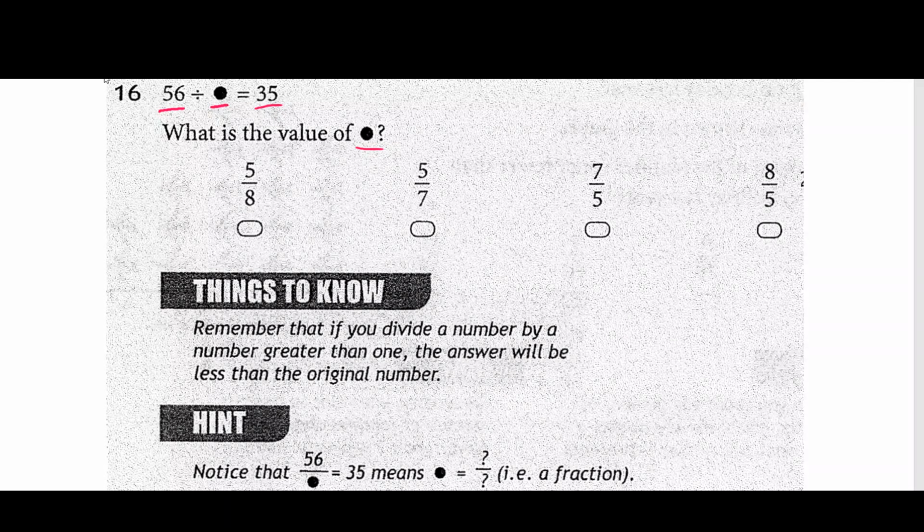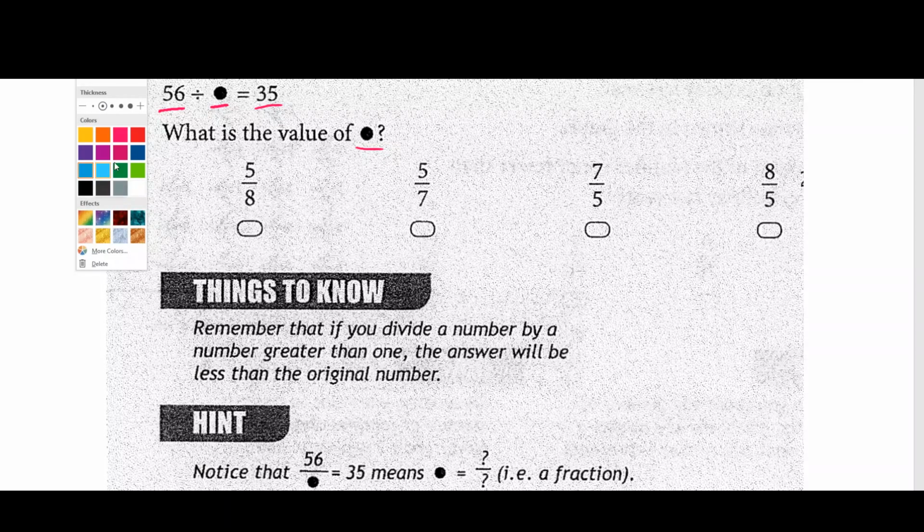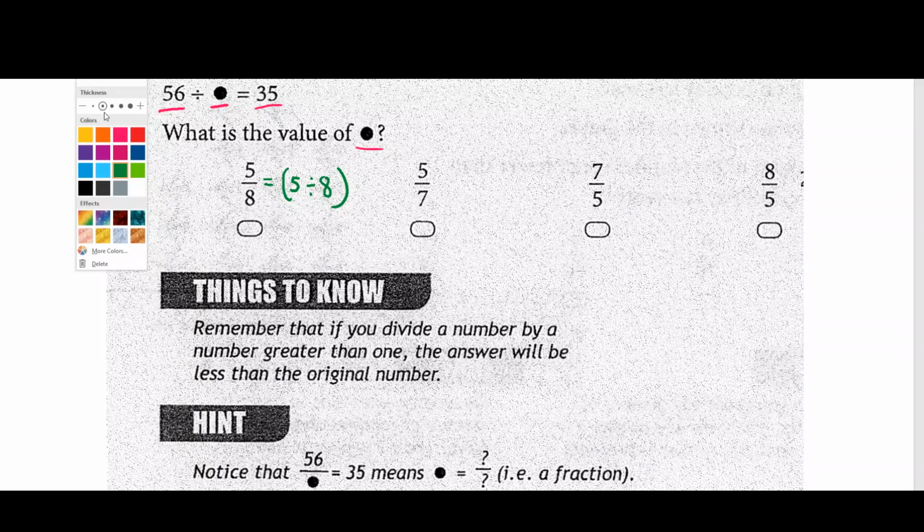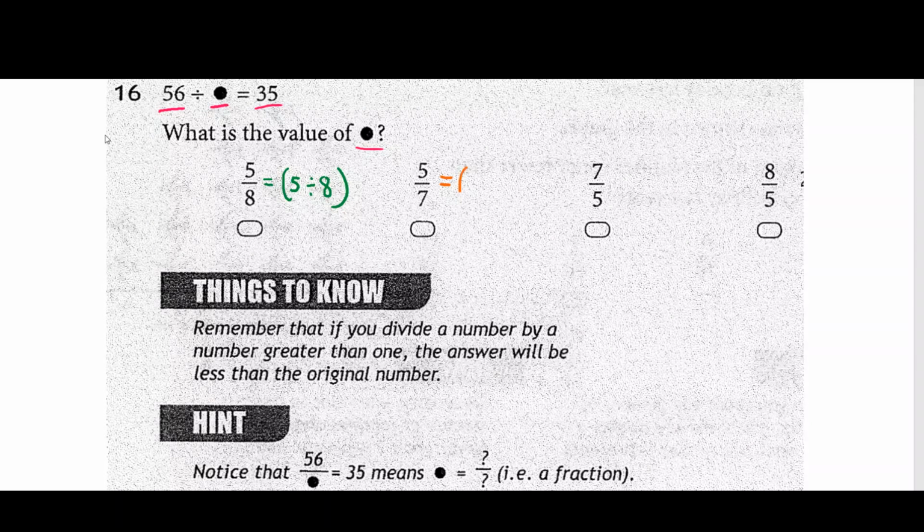Okay, so what these fractions mean is this. 5 over 8 is the same as saying bracket 5 divided by 8, close bracket. And we can't forget the brackets. And 5 over 7 is the same as saying 5 divided by 7.